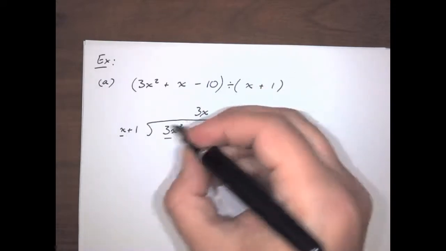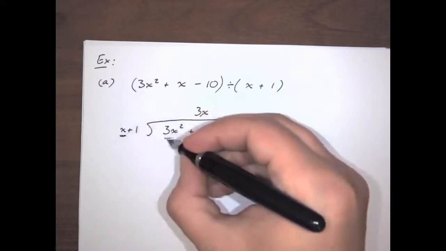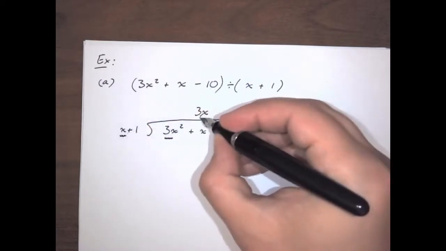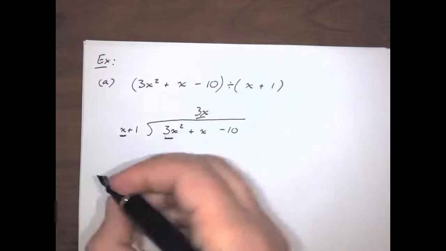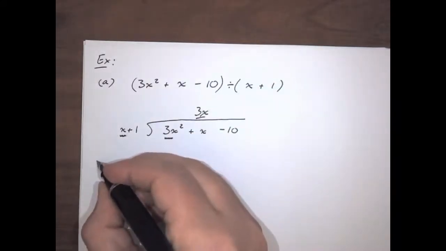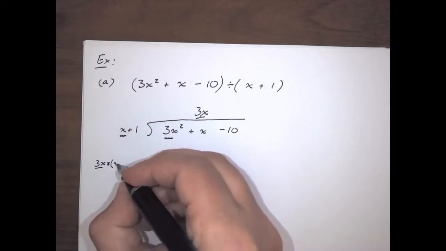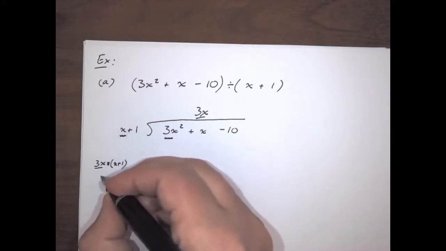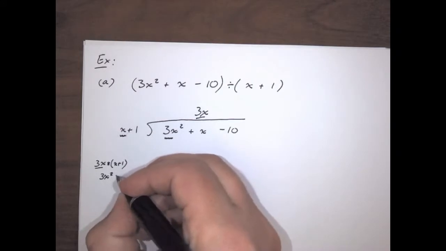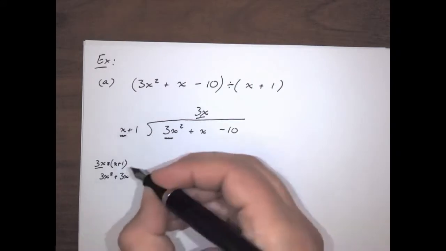So this is what we looked at to produce that. Now this was what we multiplied by. So then 3x times x plus 1 is going to produce 3x squared plus 3x.